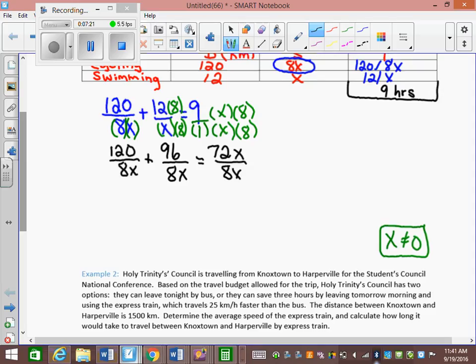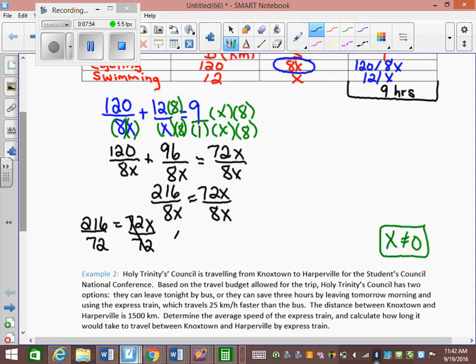So on here I have 120 plus 96, which is 216, over 8x, equals 72x over 8x. What do I do now that I have numerators to numerators, or denominators to denominators? I make that numerator equal to numerator. So 216 equals 72x. Divide by 72. What does that give you? So 3 kilometers per hour.